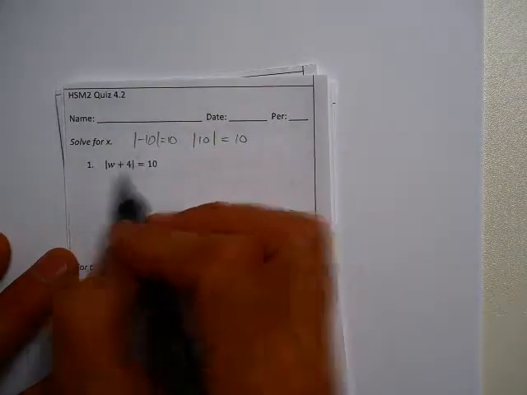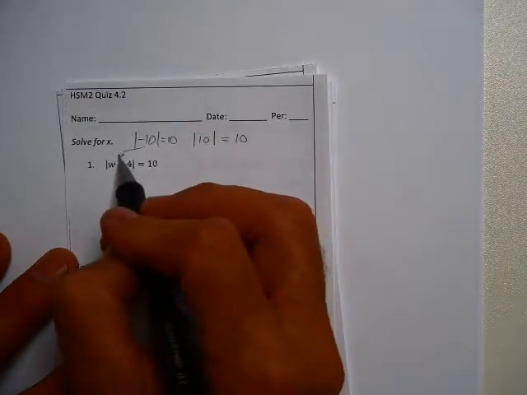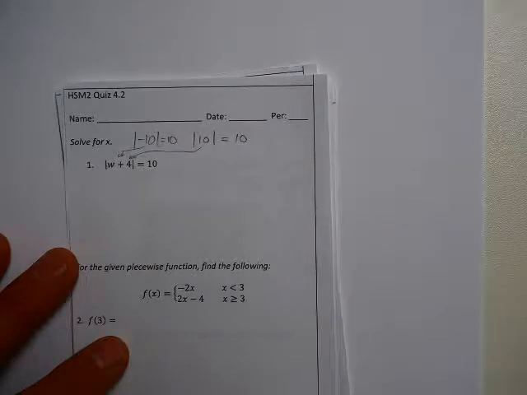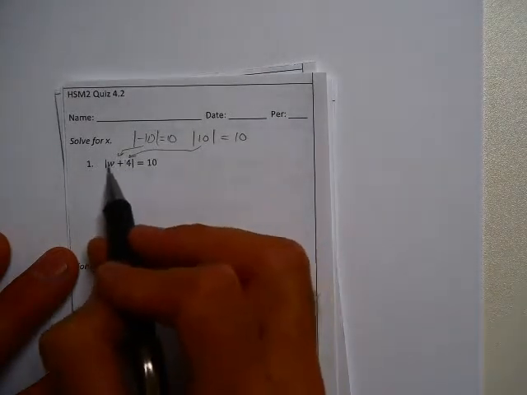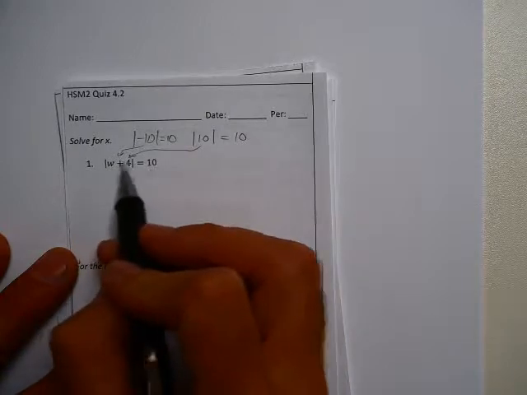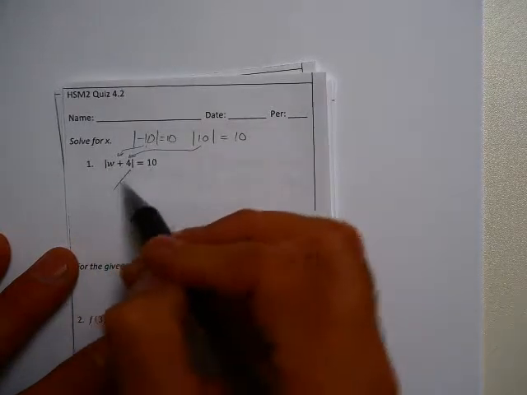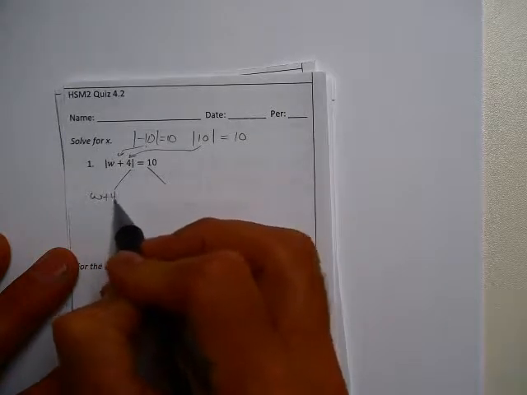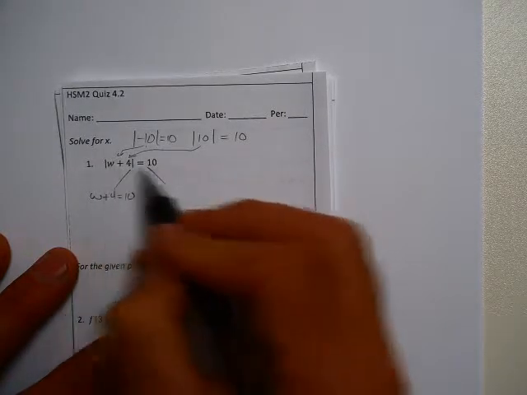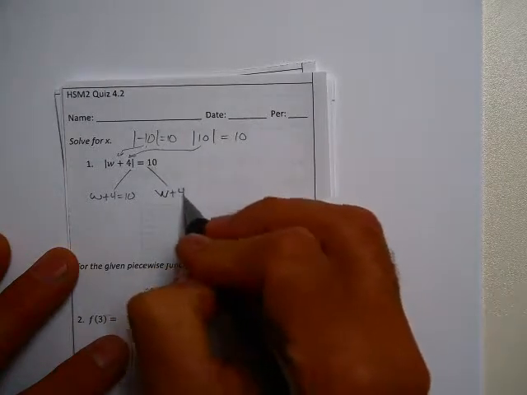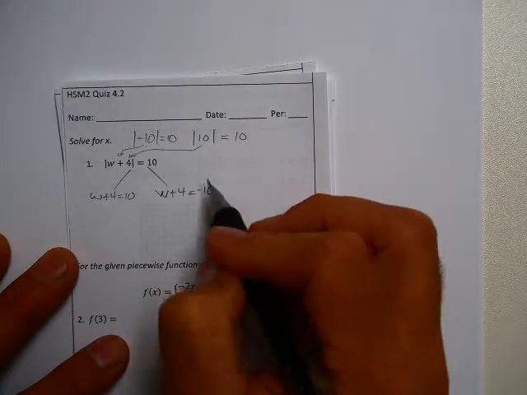The thing is, when you have an equation like this, you have to take both into consideration. You can't get rid of the absolute value bars, but you can evaluate it, and you say, okay, I know that this can equal 10 for this to be true, or it can equal -10. So we split this into two problems. w plus 4 equals 10, just as it is without the absolute value bars, and w plus 4 equals -10.